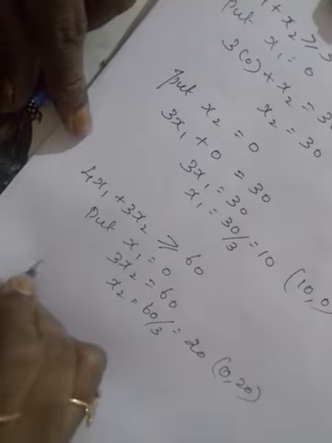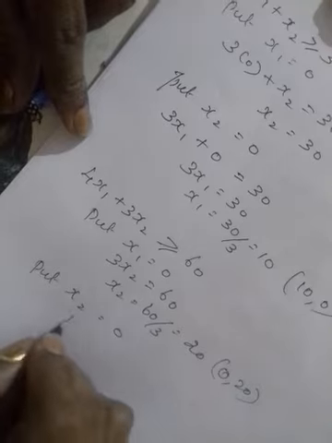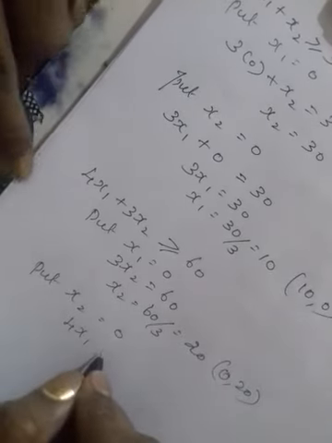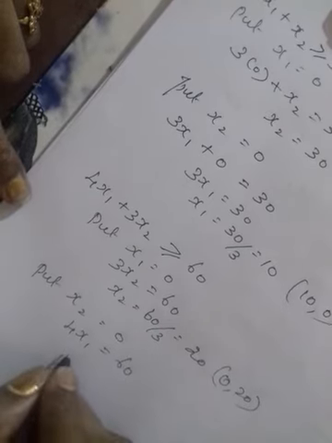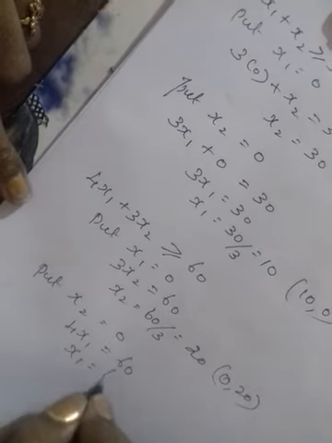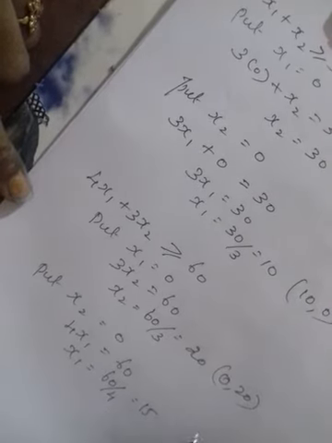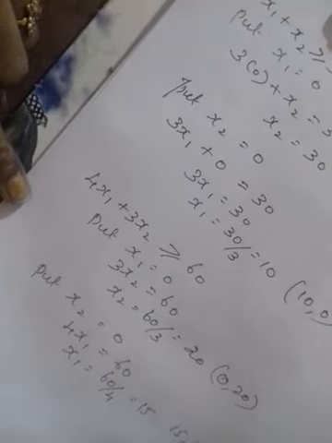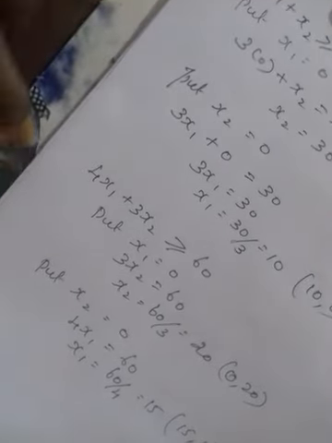Similarly put x2 is equal to 0, find x1. So 4x1 is equal to 60, so x1 is equal to 60 by 4, you will get 15. The answer is 15 comma 0. So for these coordinates you have to draw a graph.